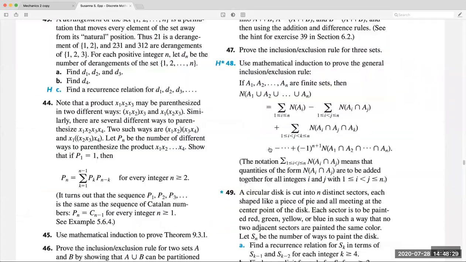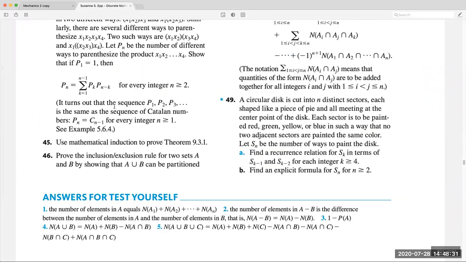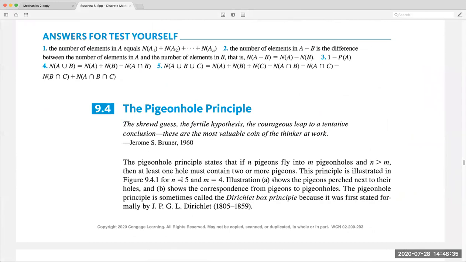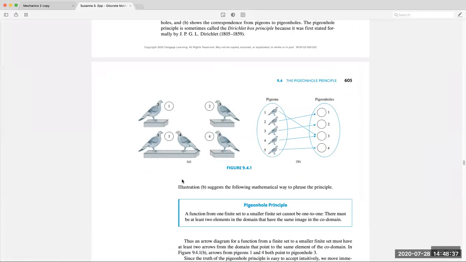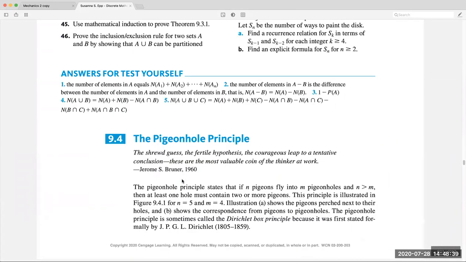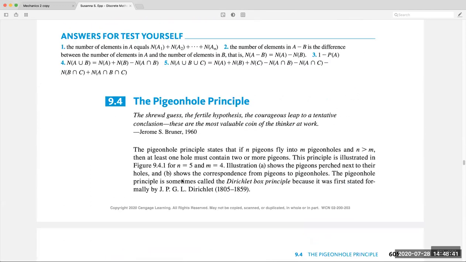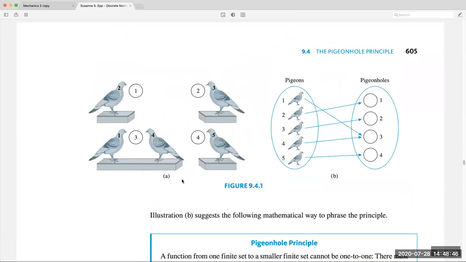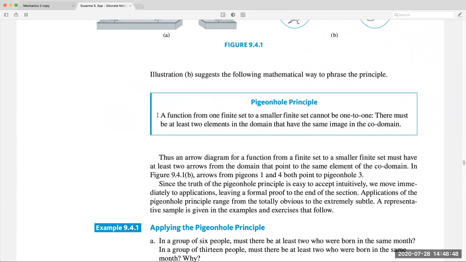We are not going to do the questions, so you may do them by yourself, but let's talk about the pigeonhole theorem. The pigeonhole theorem is so simple actually, but you may not know how to apply it easily. So let's have a look at this one.